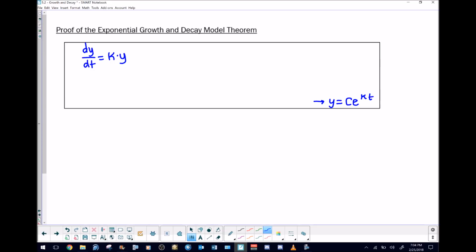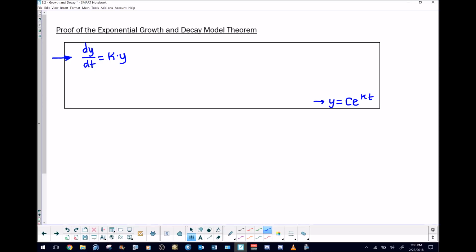And that's really important because we're going to be able to find how much of this material there should be at a given time, or vice versa, we would know how much we have and be supposed to figure out when that's going to occur. In either situation, we're going to have to undo this derivative. We're going to have to solve this differential equation.